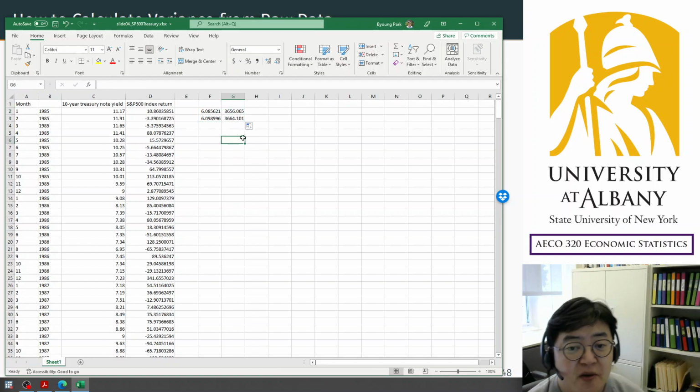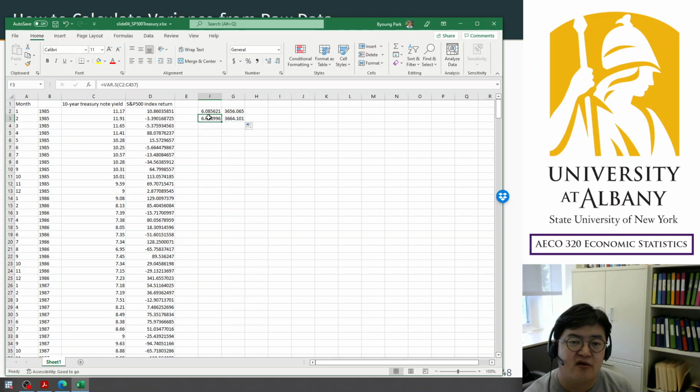Huge difference. But as I said, variance does not preserve the scale. The scale of the variance can be inflated or deflated, so it is not an exact comparison. Like you cannot say this is 600 times larger than the 10-year Treasury note.